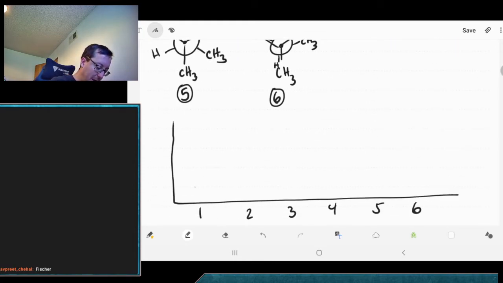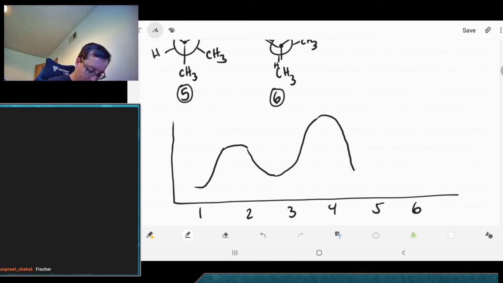And so as we go through this, our graph, oops, I need to have that on number 5, whatever. And then it goes to there, and then back down. Ooh, I'm so good at drawing.